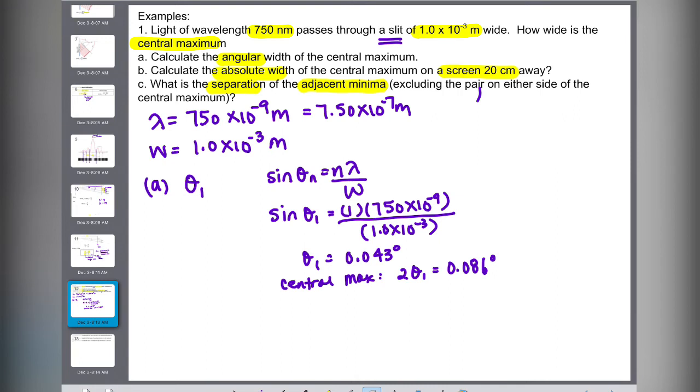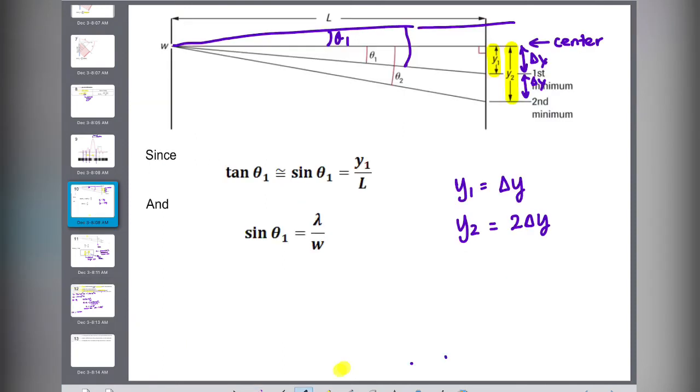Okay, part B. Part B tells you now have a screen that is 20 centimeters away. I know screen means L. 20 centimeters. Please change that into meters. That is 0.2. And they're asking you what is the absolute width. So you're going to have to find the actual width. So what is the actual width?